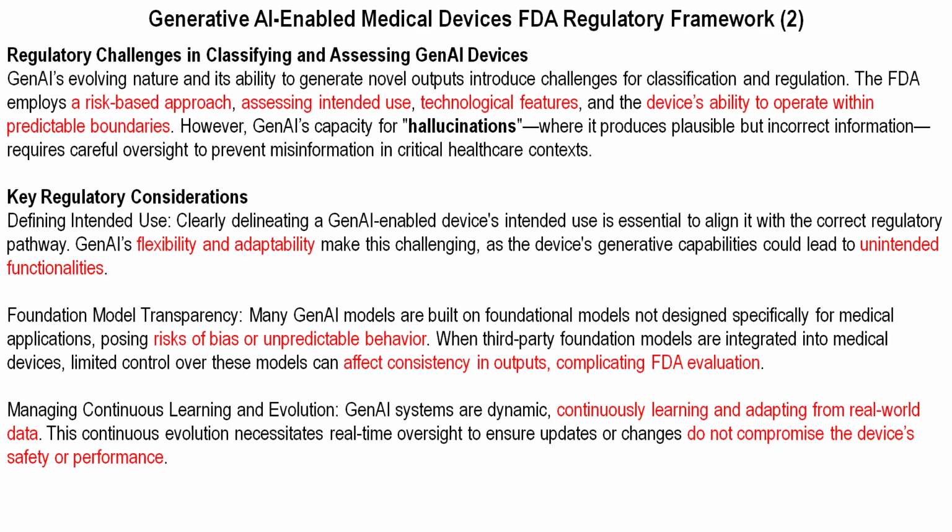So my ChatGPT is learning and adapting from my real-world data. So the intended use and functionality can change. What was approved at the time of approval may be safe, but it's not guaranteed to stay safe after it changes. So this is the whole thing the FDA framework considers.